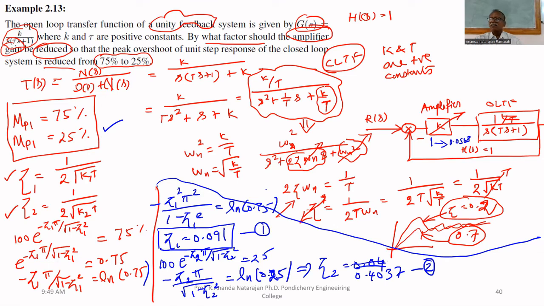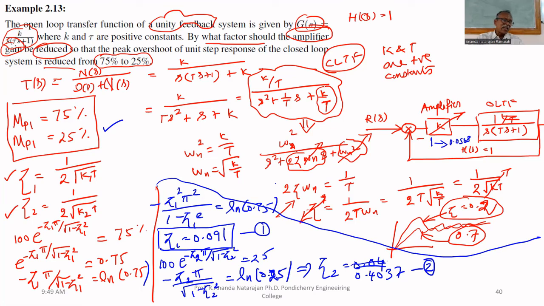Then the oscillation will be reduced. It means another piece of information is there. If you increase the gain of the amplifier, if K, the static gain of the system, increases, in closed loop, oscillation will increase.